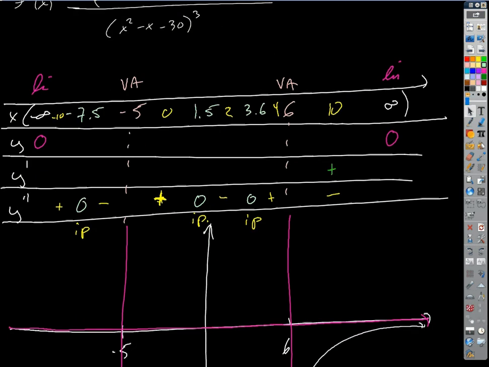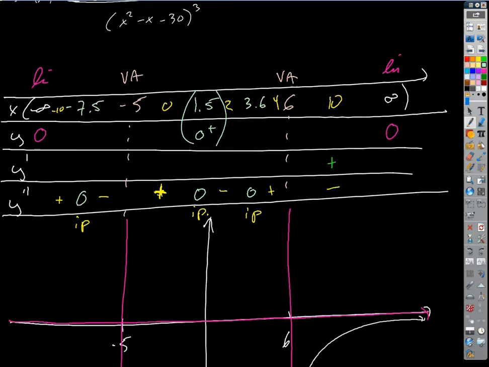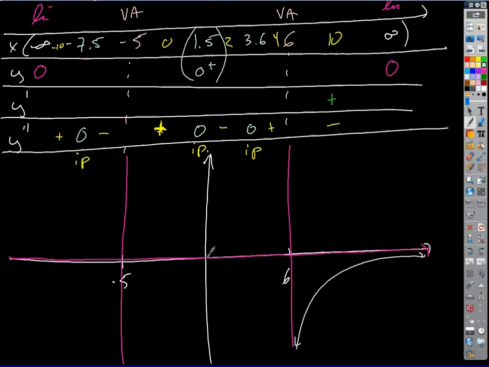It's gonna be a small positive number, so I'm gonna say at 1.5, we get something like 0 plus. So we get a point right there-ish. And that's gonna be where we're transitioning from positive concavity to negative concavity, and it's an inflection point.